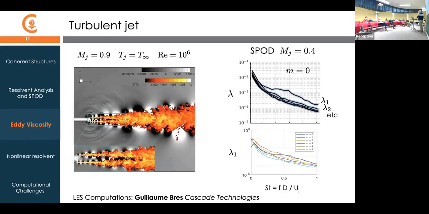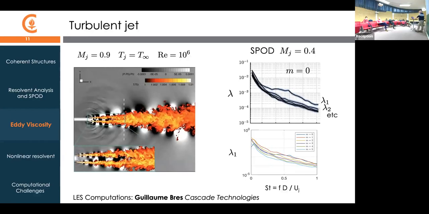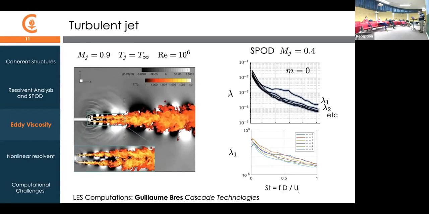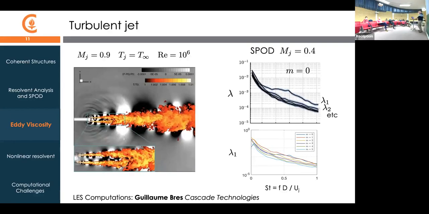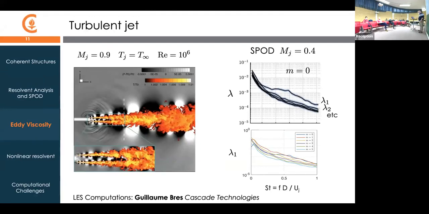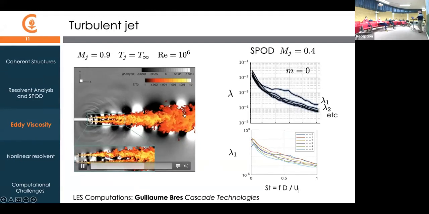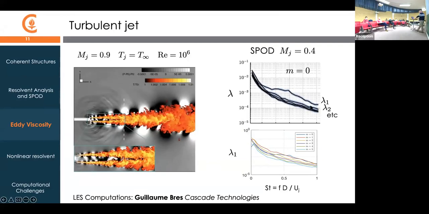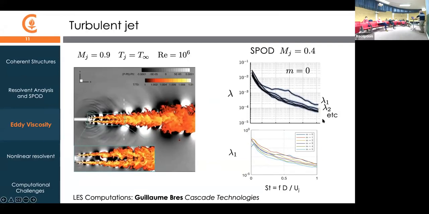We'll look at other m's momentarily. And what you see here is a waterfall plot of the different SPOD modes. The top line is number one, the optimal mode, and the suboptimal modes are below it. We see this nice gain separation between the first mode and the other modes, at least over a certain portion of the frequency domain.